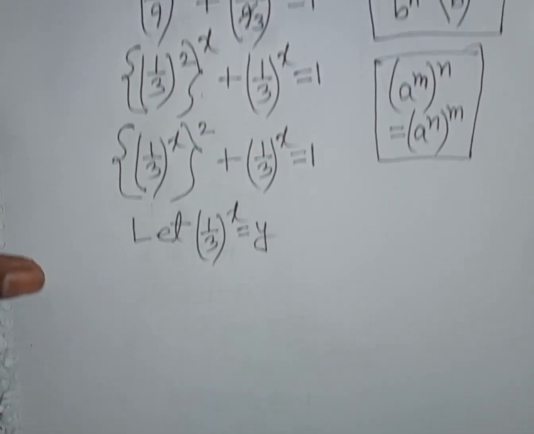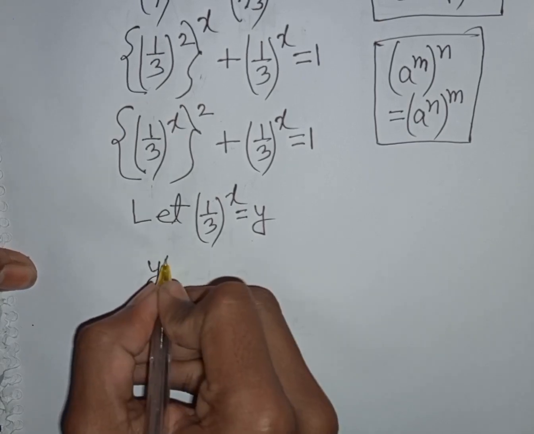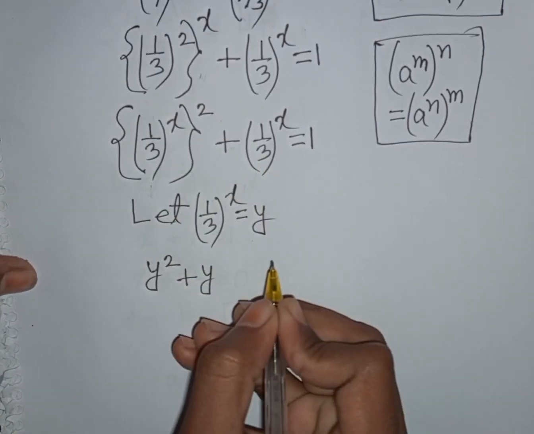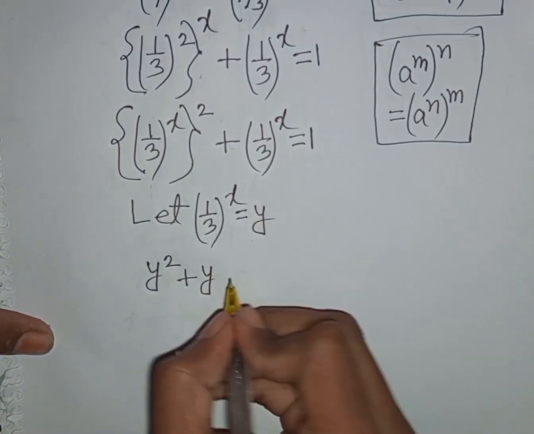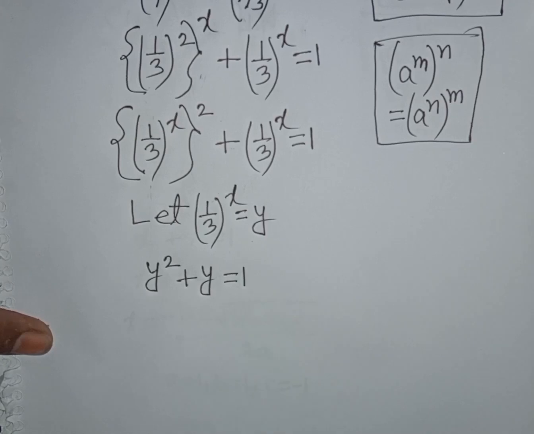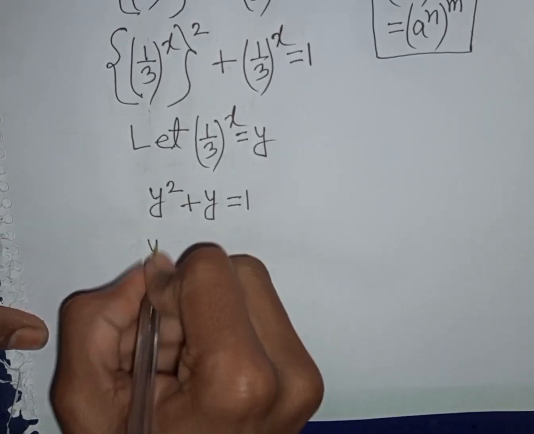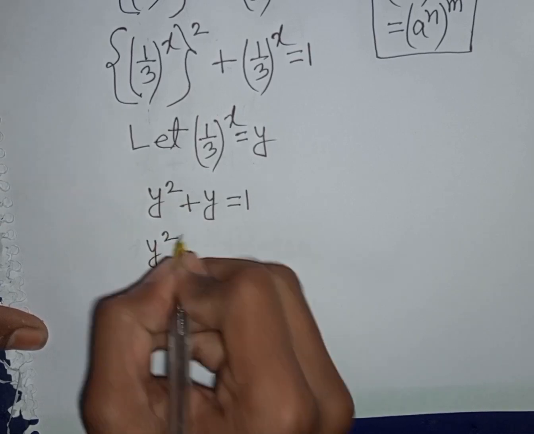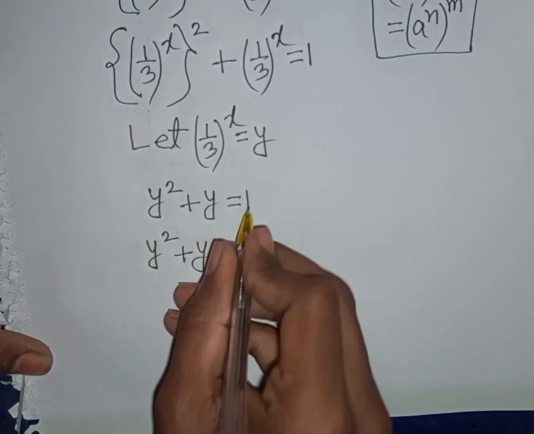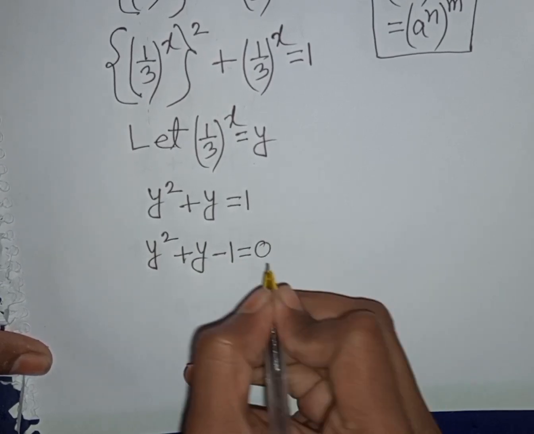So our equation will be y squared plus y is equal to 1. Now we can write y squared plus y, then this plus 1 taken to the left side will be minus 1, equal to 0.